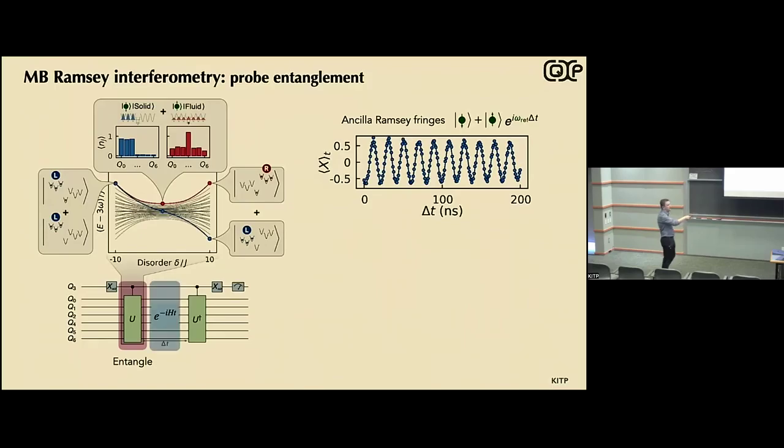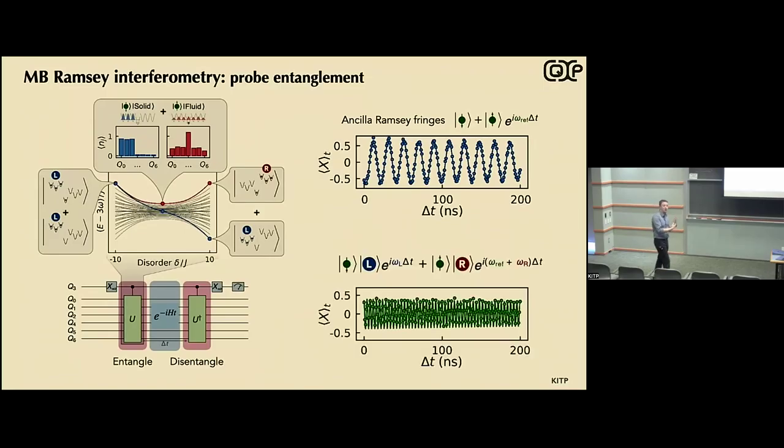We let the system evolve for some amount of time such that we're accruing a relative phase between the two components of our cat. And then we're reversing the transport procedure in order to disentangle the qubits and relocalize the phase information that we want to measure into our ancilla qubits, such that when we apply a pi/2 pulse and measure along the z-axis, we're going to measure some Ramsey fringes on our ancilla qubit, and we see that those fringes are much faster.